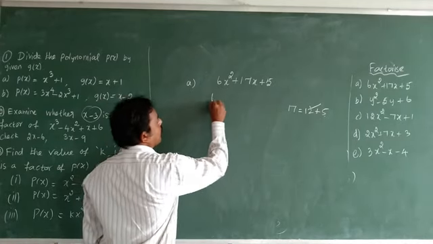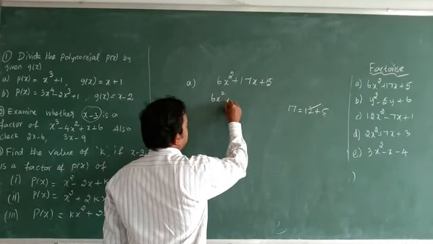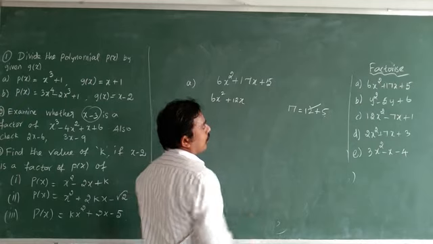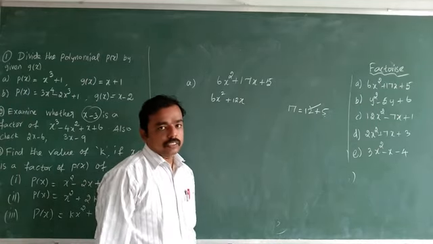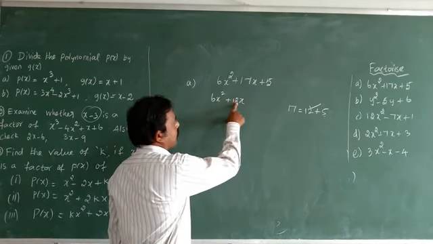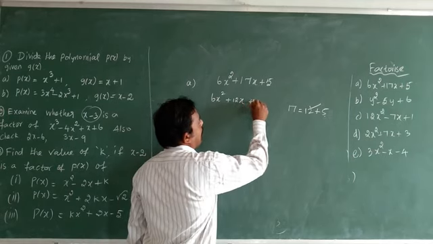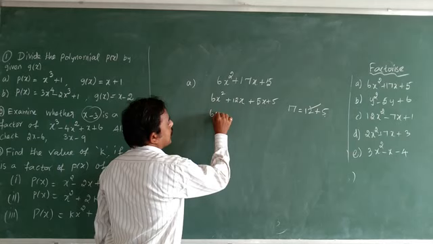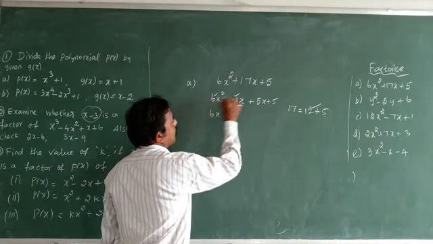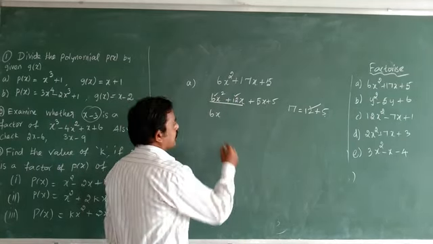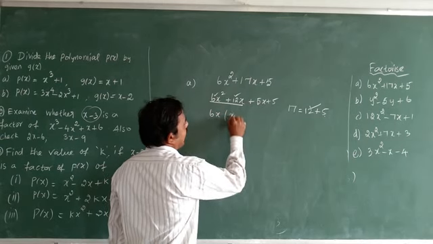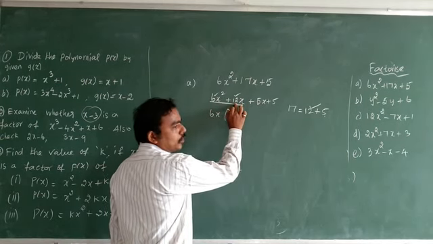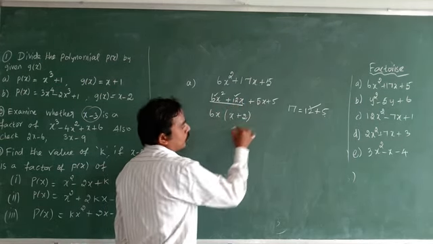So here 12 plus 5, so 6x squared plus 12x. Don't write 5x plus 12x. Just the multiple of 6 here, that's why 12x plus 5x plus 5. So for the first two terms I am going to write 6x, and 6x remaining x plus 2, since 6 into 2 is 12.